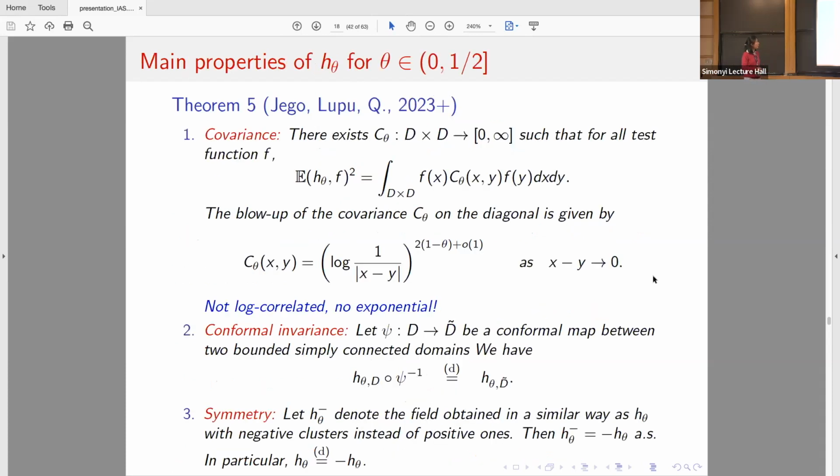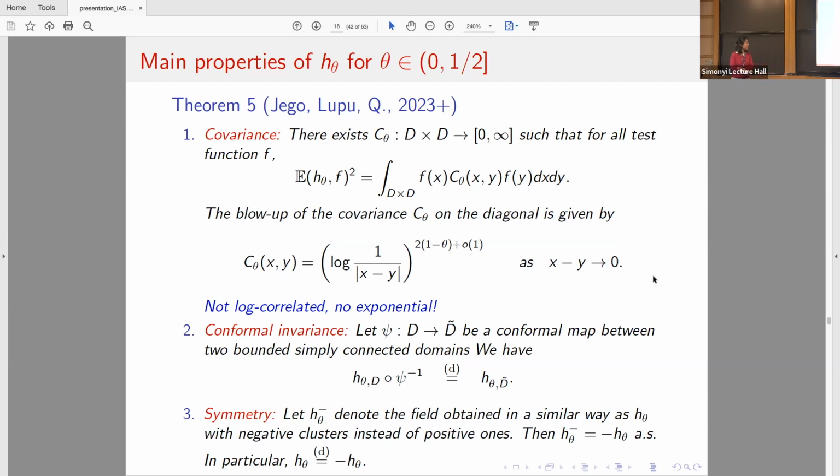So let me now give more properties of our field H theta for all subcritical intensity theta. We show that this field H theta admits a covariance function C theta, and that covariance function C theta explodes on the diagonal as log 1 over |x minus y| to the power of 2 times (1 minus theta).